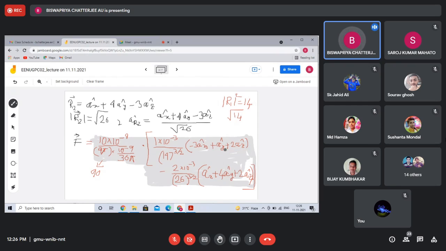It is the application of the superposition principle.